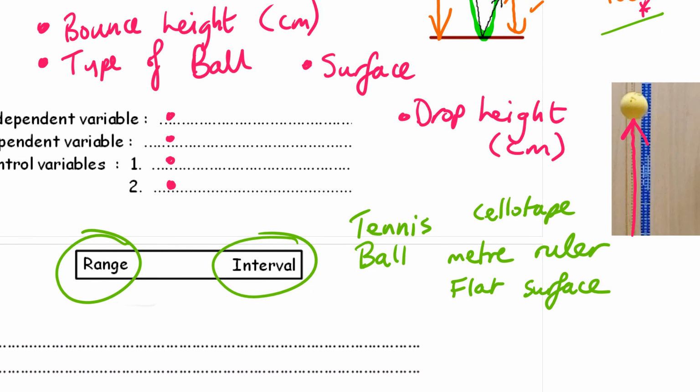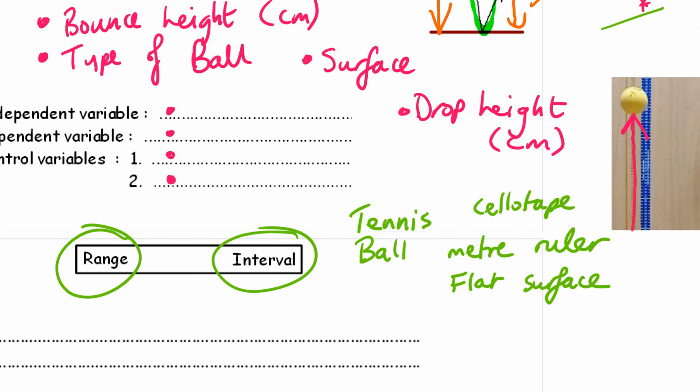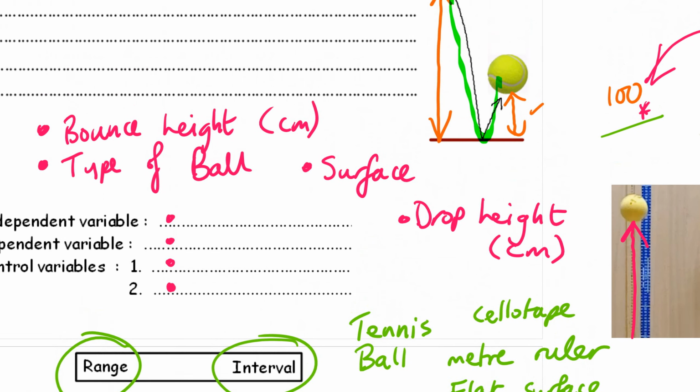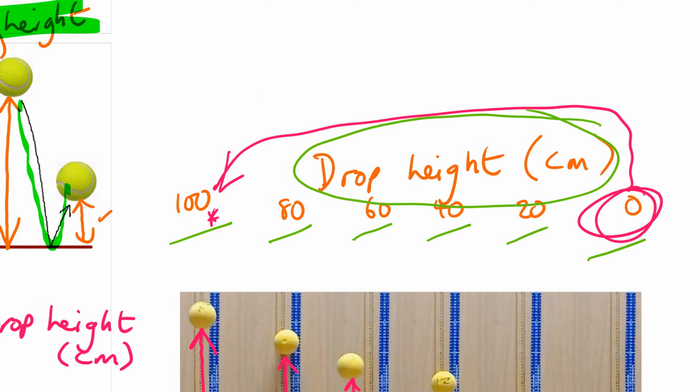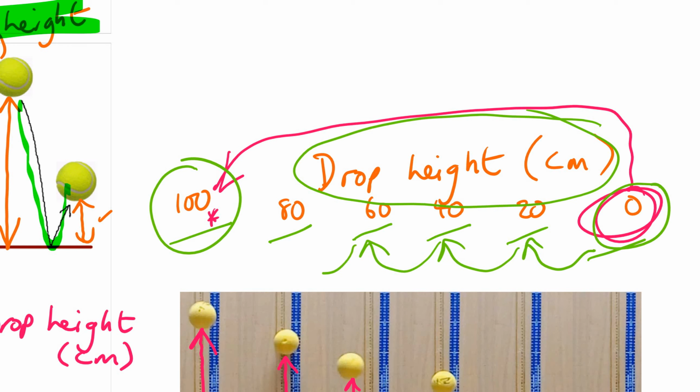So our range of the independent variable, our range will be from 100 to 0 centimeters. Now our interval, what we go up in every time, we're increasing the drop height by 20 centimeters.